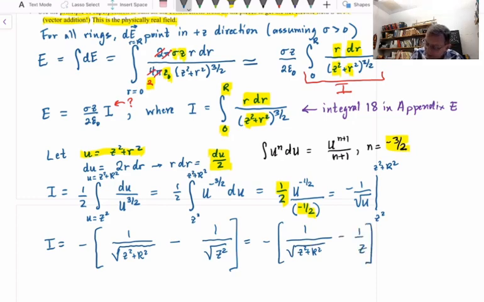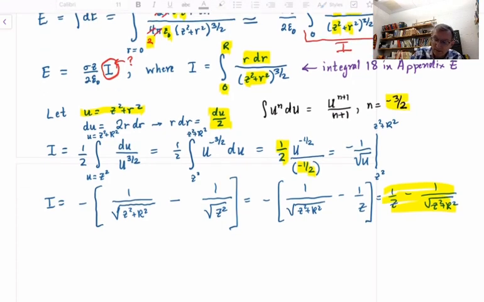Or, distributing the negative sign through, we get 1 over z minus 1 over the square root of z squared plus R squared. There's the integral I, that whole thing. And that goes back up there for the electric field.